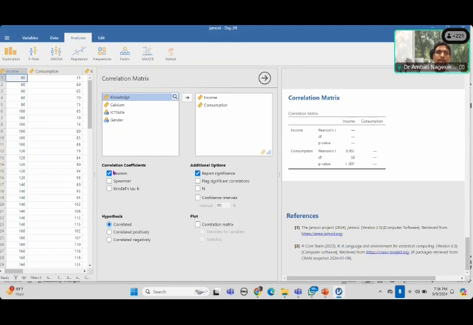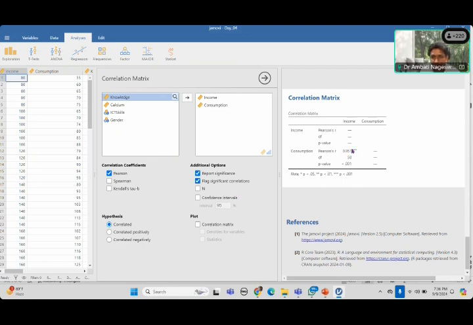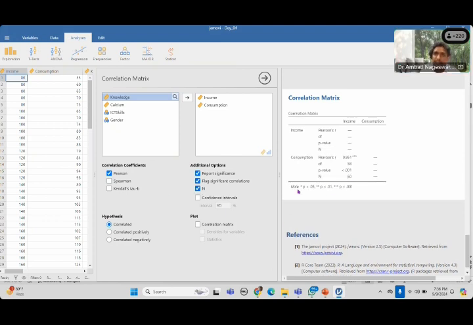Now we have selected Pearson correlation by default, and we are reporting the significance. I also wanted to flag significant correlations, meaning I want to put a star mark. As you can see, there are 3 stars. I also wanted to see the total number, like we got 60.